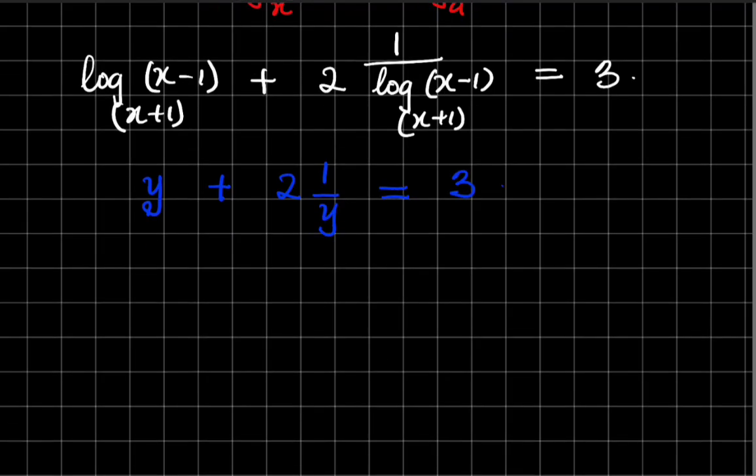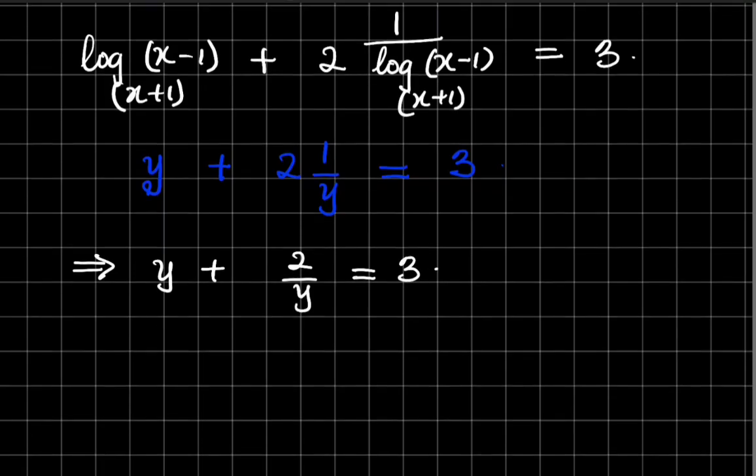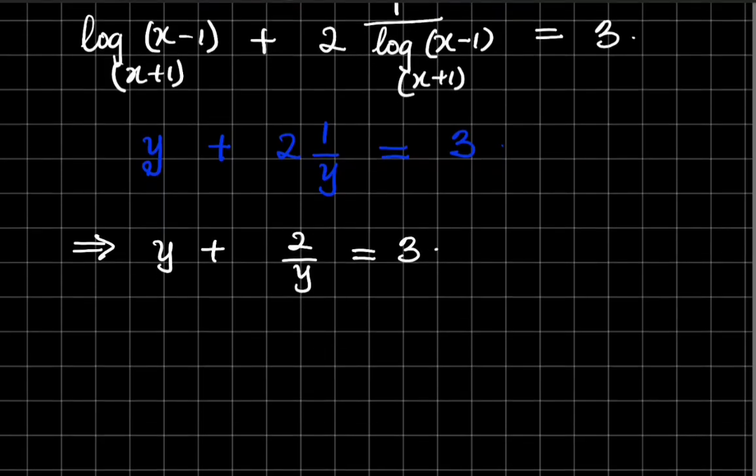So what we have here eventually becomes y plus 2 over y is equal to 3. Now let's clear the fraction here. We can multiply through by the denominator. The denominators here are 1, y, and 1. So our LCM is y.